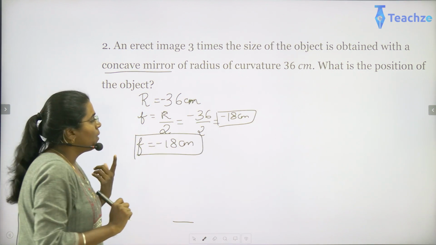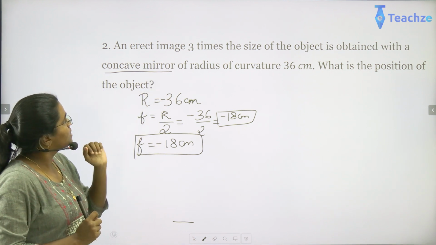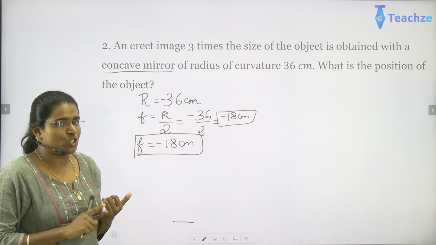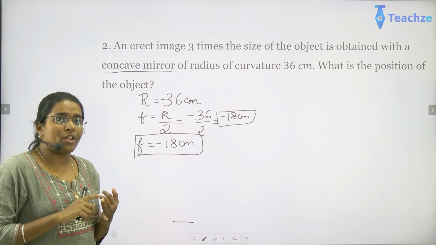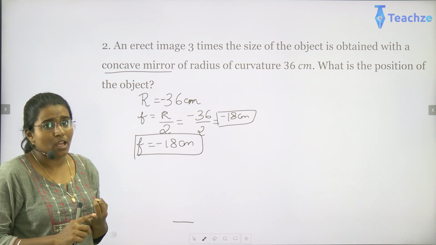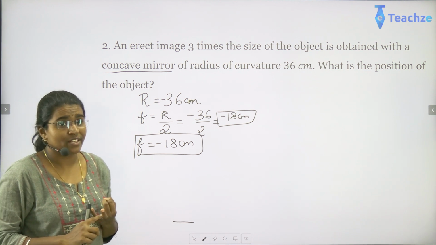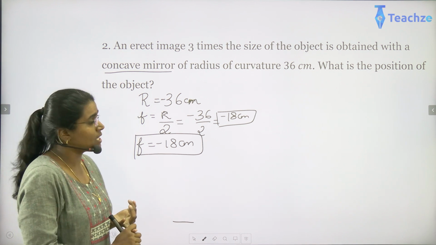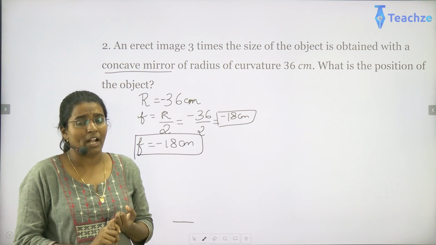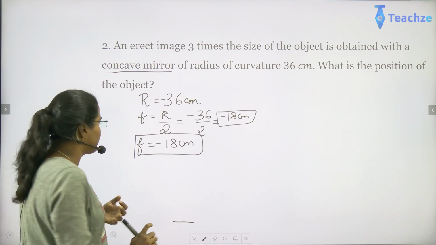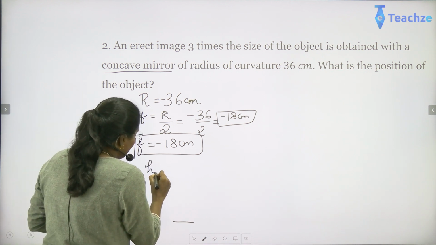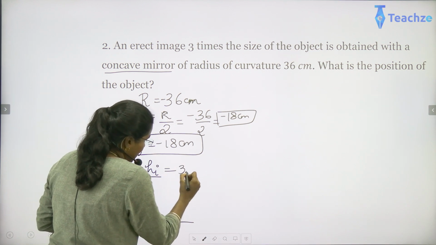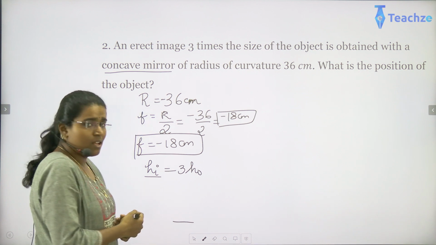Fine. What are the other things given? An erect image. Erect image meaning it is a virtual and erect image. So will your height of the image be positive or negative? Yes, it will be positive. An erect image is 3 times the size of the object, so object height will again be positive. So the erect image is 3 times the height of the object.